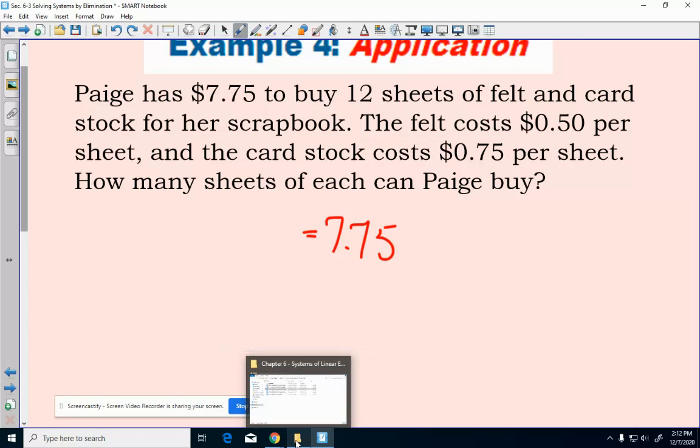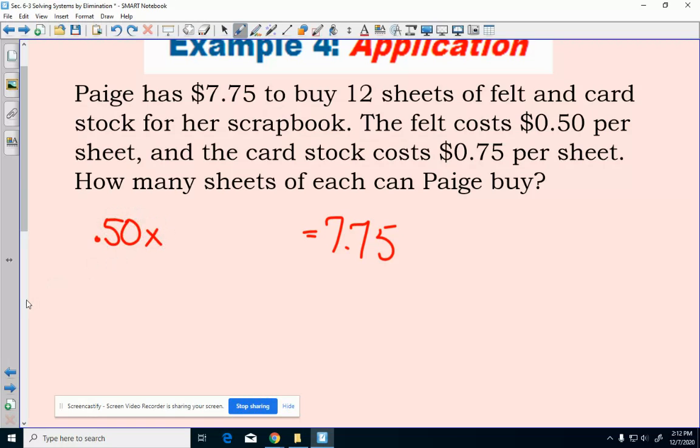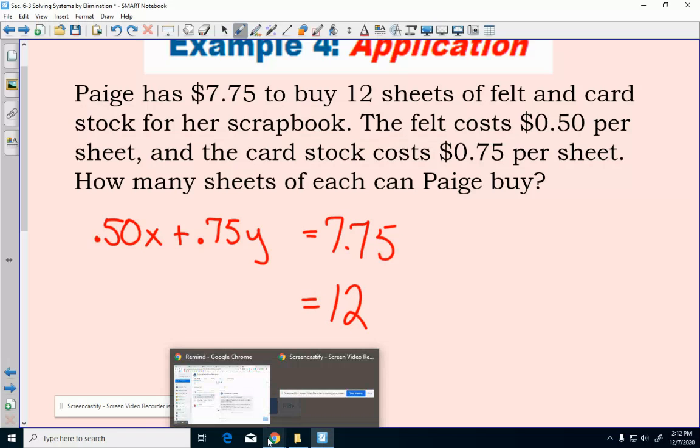It says that the felt was 50 cents a sheet and the cardstock was 75 cents a sheet, and she spent a total of $7.75. In equation number 2, it's not about cost, it's about quantity. How many did she buy?